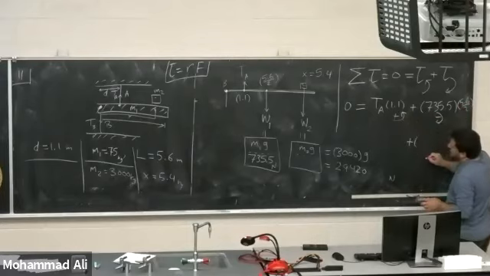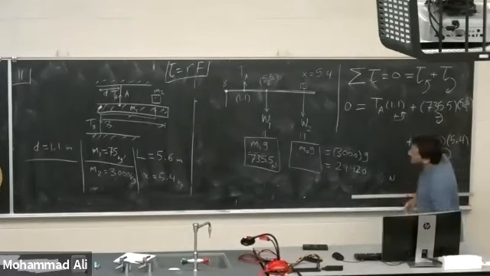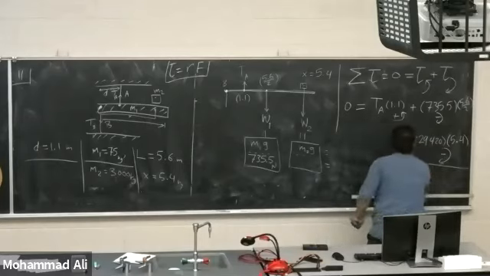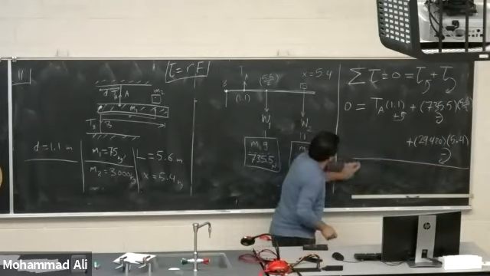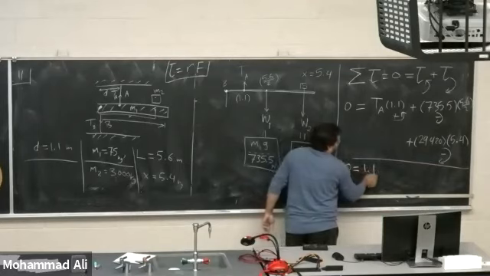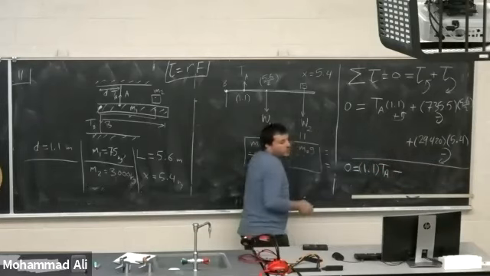Plus 420 multiplied by 5.4. This is clockwise, which is negative. So we have two negatives, one positive. Okay. So 0 is equal to 1.1 TA minus these two quantities.